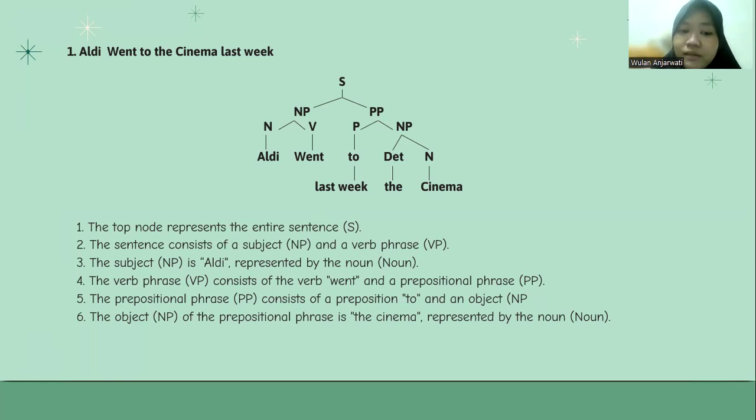The subject, a noun, is Aldi, represented by the noun. The verb pair consists of the verb "went" and a prepositional phrase, and the prepositional phrase consists of a preposition "to" and an object, and the object of the prepositional phrase is the cinema, represented by the noun.